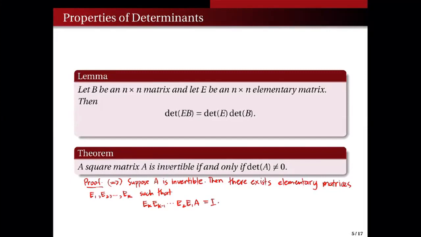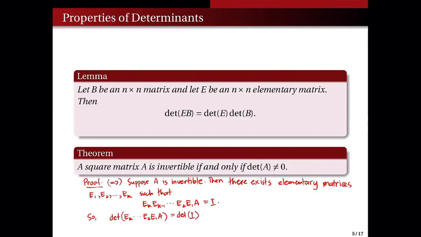So you get the determinant of this guy here. You have determinant of EK, until determinant of E2, determinant of E1, and then you have your A here. This is equal to the determinant of your I, but the determinant of I is just 1.